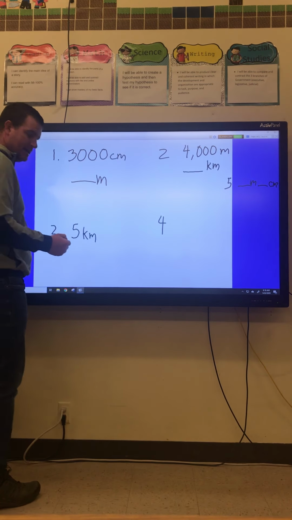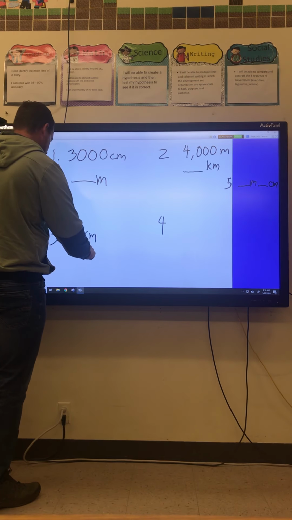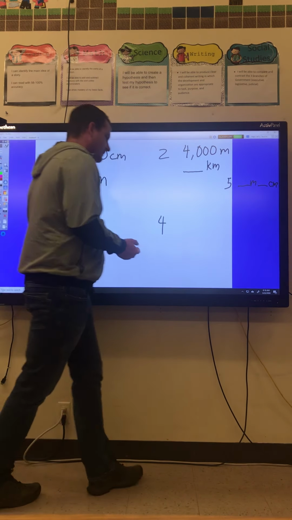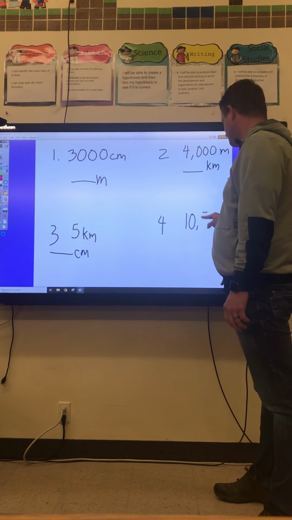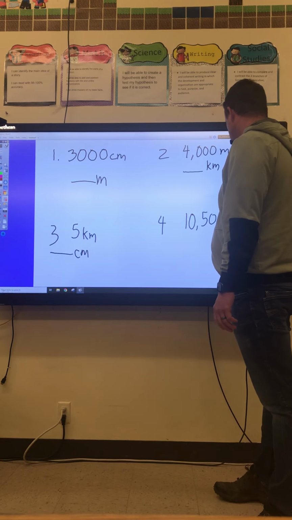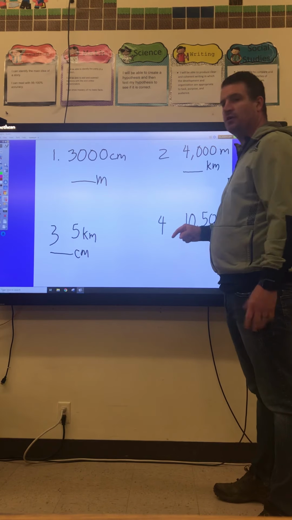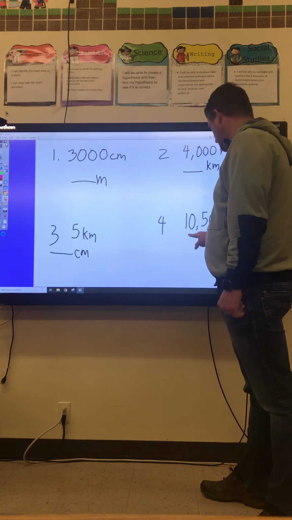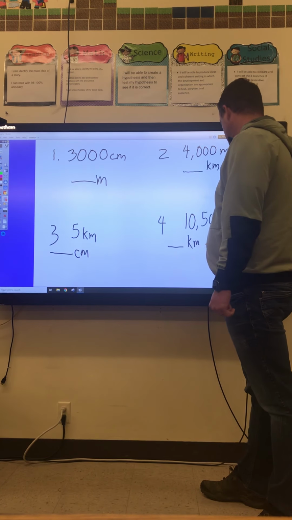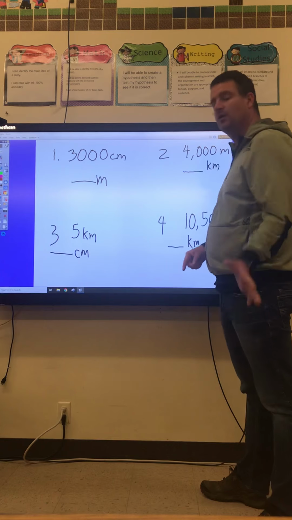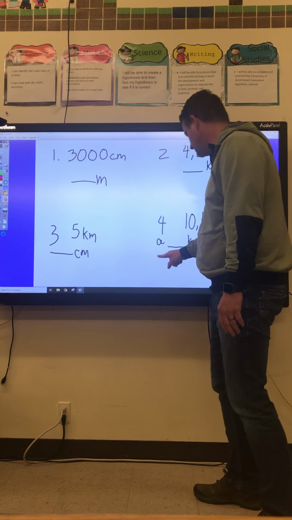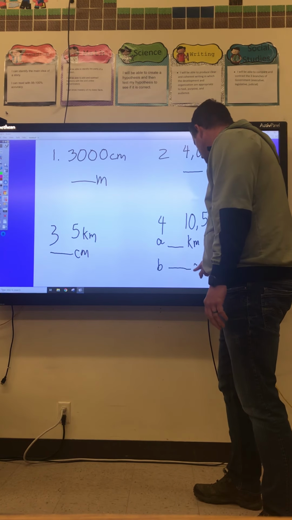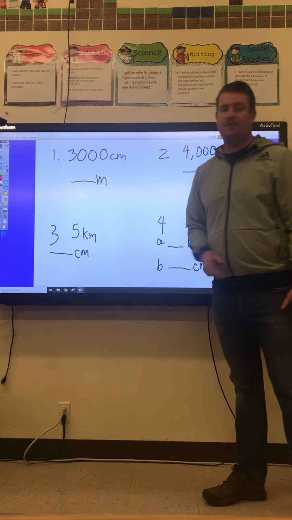I want to know how many centimeters. And the last one, I have 10,500 meters. I want 2 answers on this. I want to know how many kilometers, and you're going to have meters in that because there's some left over. That's A here. And on B, I want to know how many centimeters. So there you go. You got 5 problems.